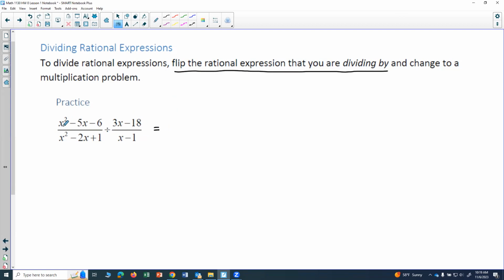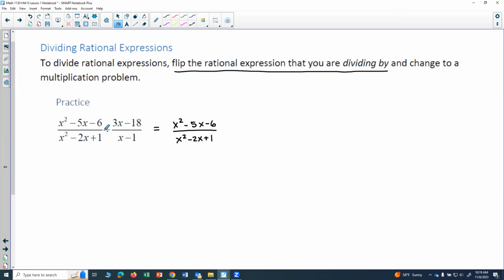So what I'll do is I'll go ahead and just write this as a multiplication problem first, and then I'll go ahead and factor. So I get x squared minus 5x minus 6 divided by x squared minus 2x plus 1.